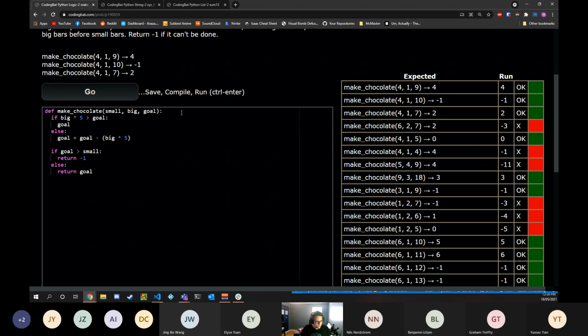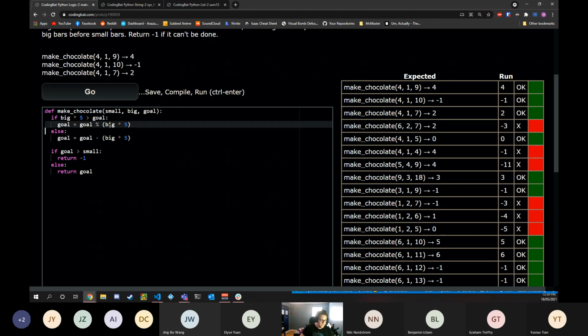So I want goal to be the remainder after being divided by big times 5. So goal mod big times 5. If you guys don't remember, the mod guy is simply remainder.